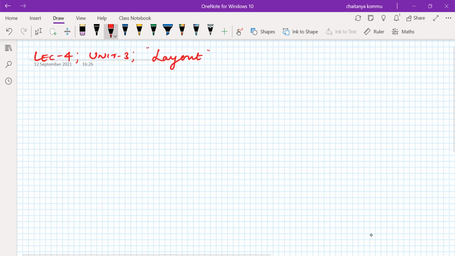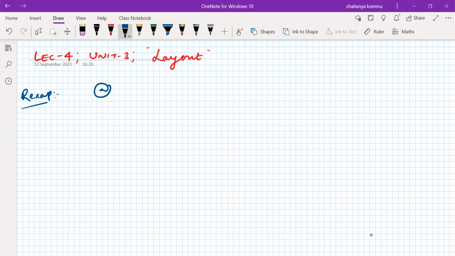So in the last class, we have seen that with the circuit symbols, we have designed the circuit. So we have designed, we have realized the circuit.